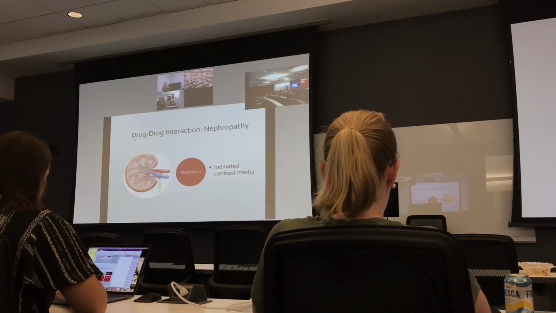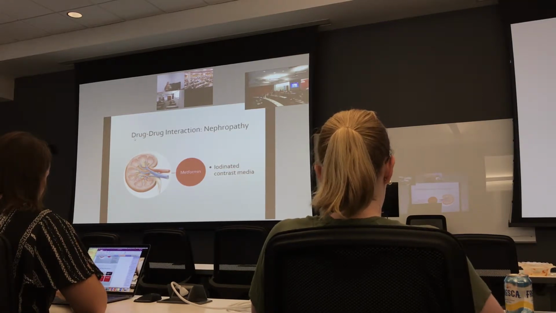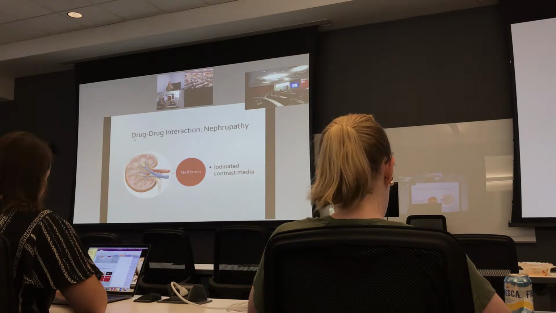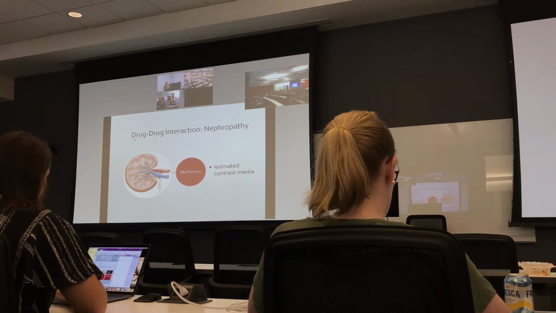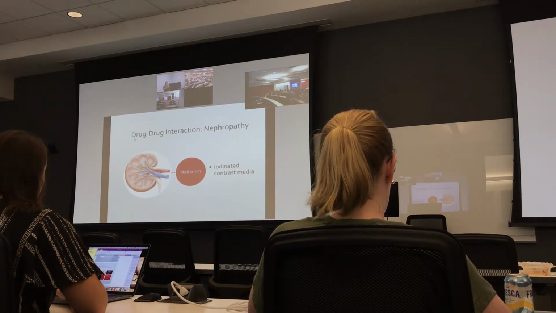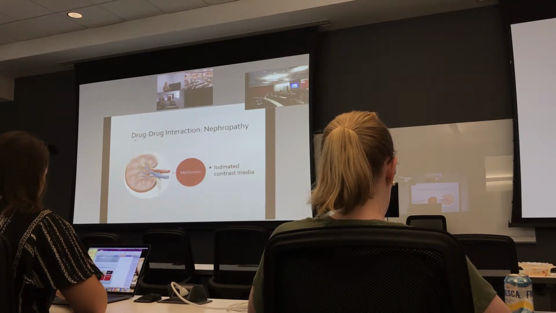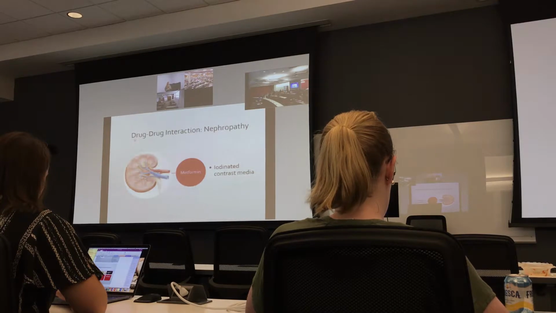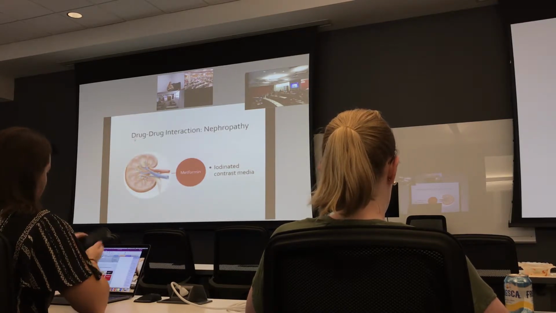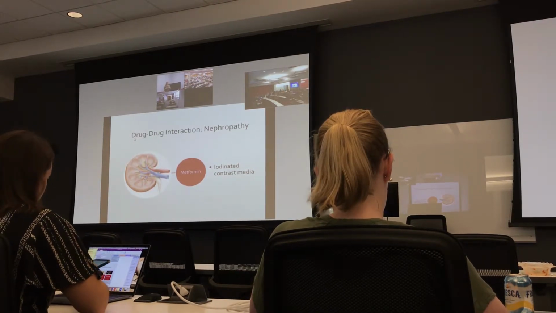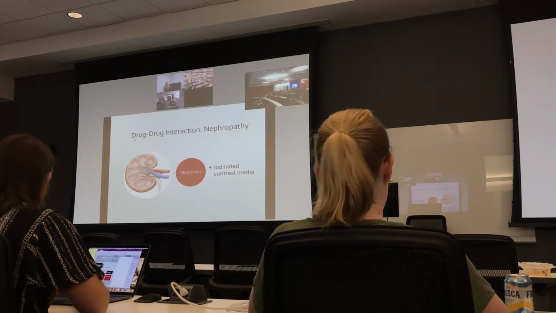So those are your 3 deciding factors. What is the dose of their metformin? What is the dose of the contrast media? And what is the patient's renal function? So if they have low contrast media, a low metformin dose, and good renal function, continue as normal.